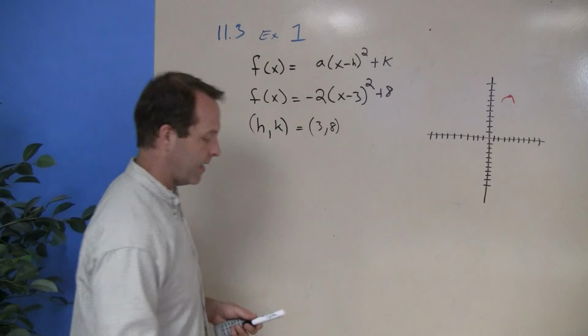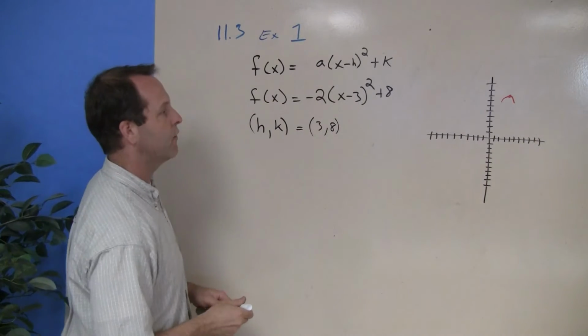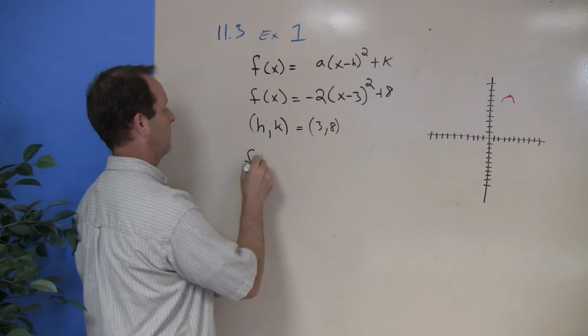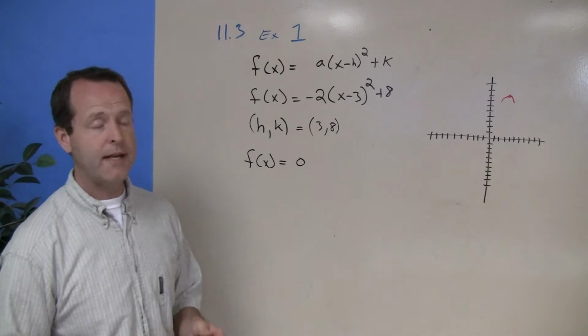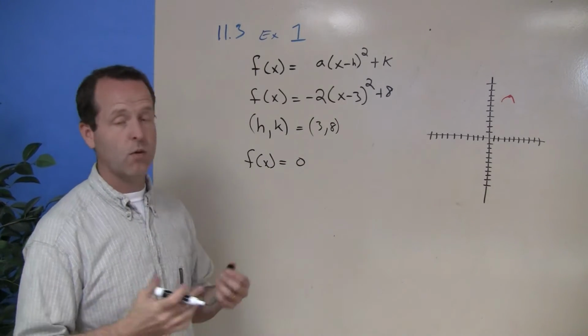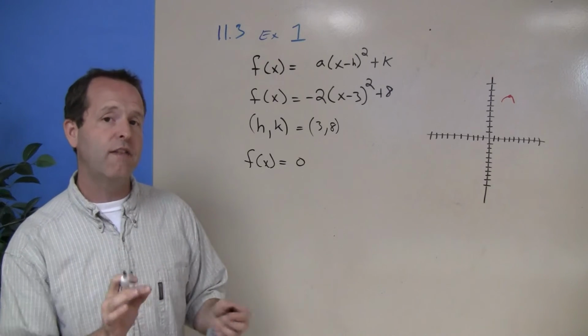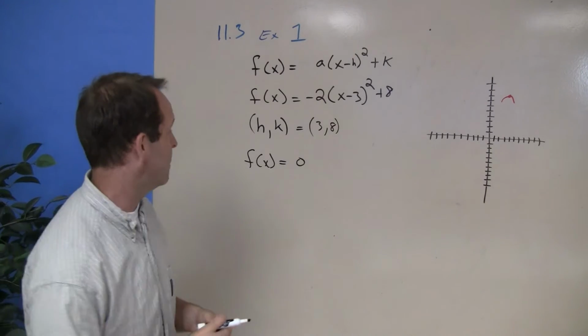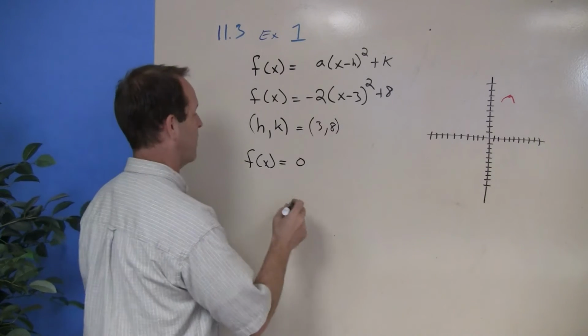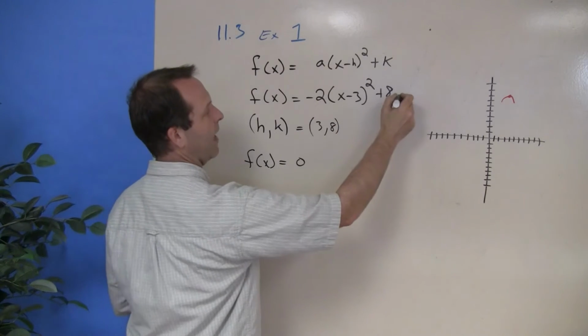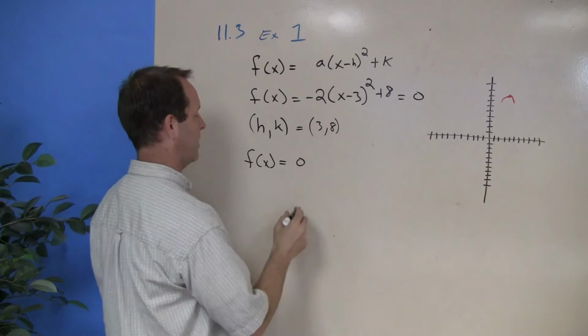A couple things I can look at next is let's find out where its zeros are. We're basically saying if f of x equals 0, what are those x values, or where are its x-intercepts? So in order to do that, I'll need to take the equation that I have here, set it equal to 0.